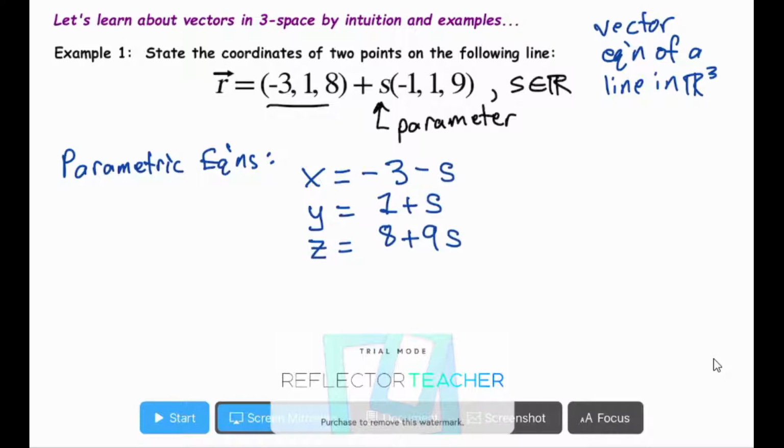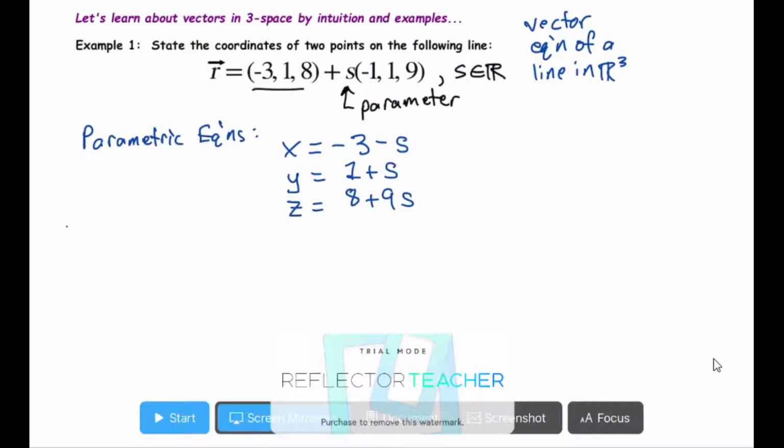How are we going to find 2 specific points on the following line? Well, to find specific points, we're going to set the parameter s to two different values.